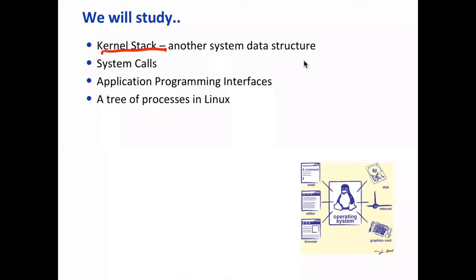Part of the functionality of the PCB is done in the kernel stack. We'll look at that. We'll also look at API interfaces and why we need them, and the process tree in Linux. In today's lecture we'll just look at a few concepts.